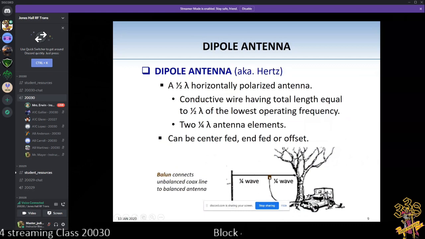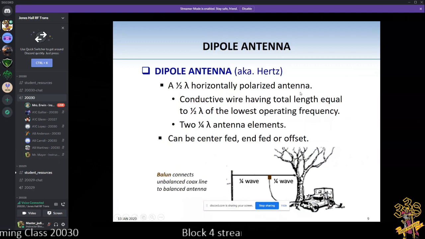Now, I know that your coaxial cable, you've used those enough that you have the center pin and then you have the ground braid on the outside, correct? Yes, ma'am. So when you connect that here, it's going to connect half of this antenna to the center pin and the other half to the ground braid. That's why this is a quarter wave, because this is a quarter wave, that's a quarter wave. So the entire antenna is a half wave horizontally polarized antenna.